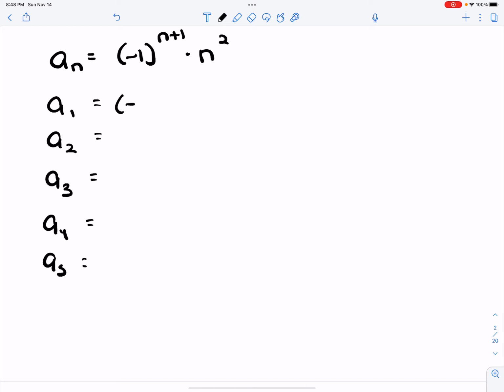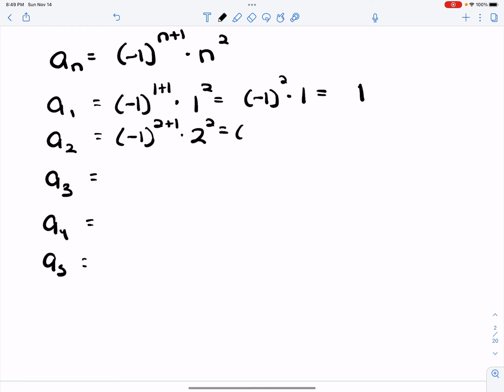So you've got negative 1 to the 1 plus 1 times 1 squared. So negative 1 squared times 1. So 1 times 1 is 1. Then you've got negative 1 to the 2 plus 1 times 2 squared. So negative 1 cubed times 4. So negative 1 times 4, which is negative 4.